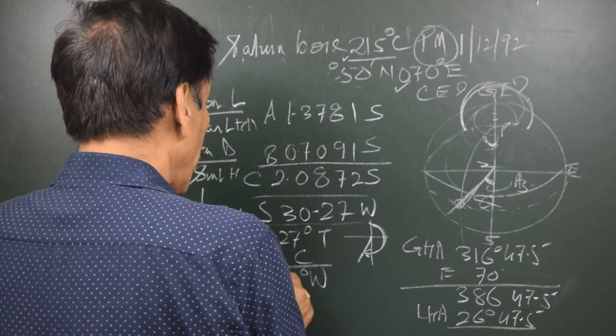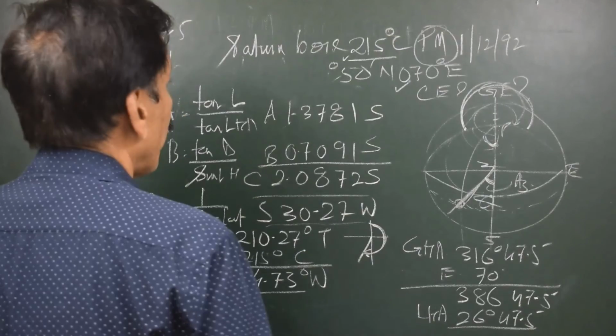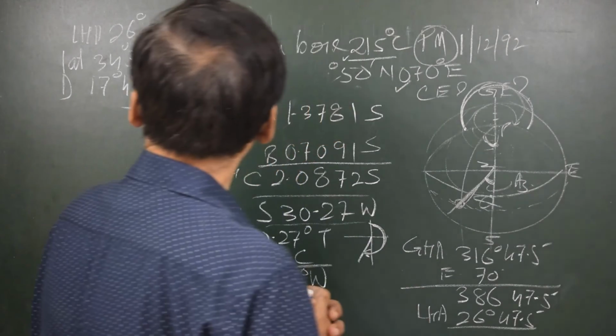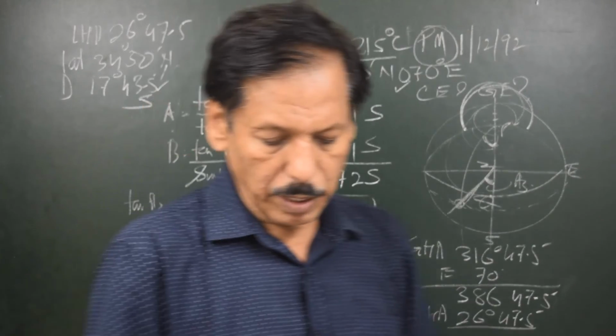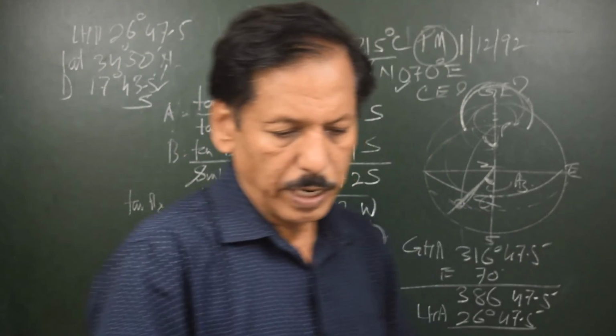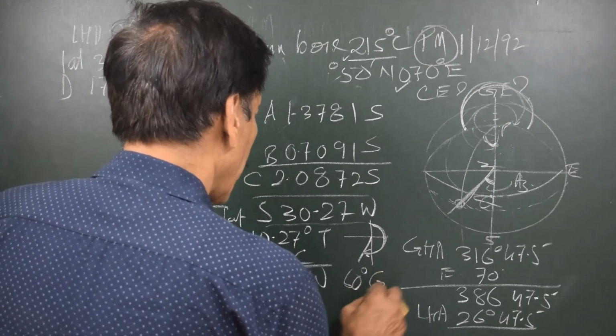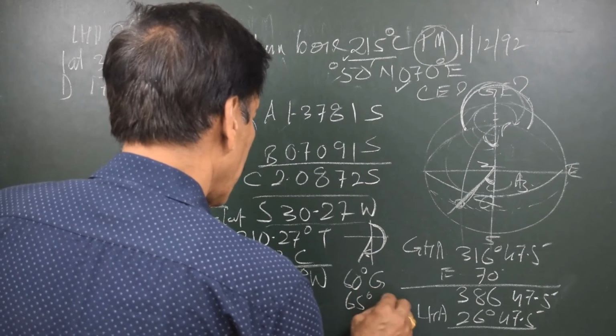Now in the question it also says that when gyro and compass headings were seen together, it was 60 degrees gyro against 65 degrees compass.